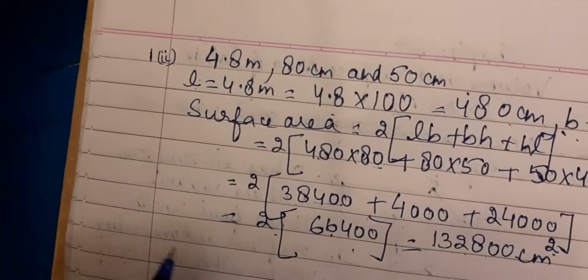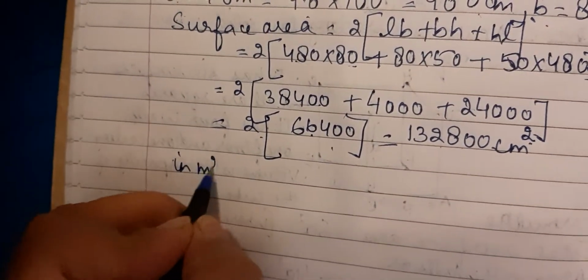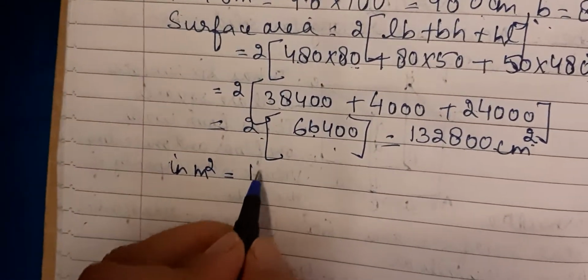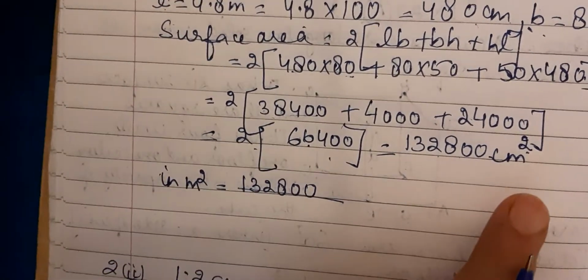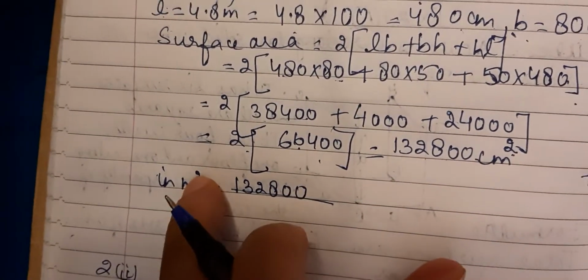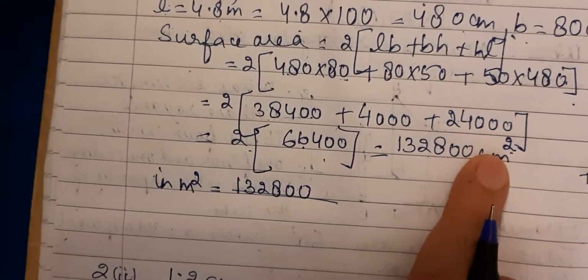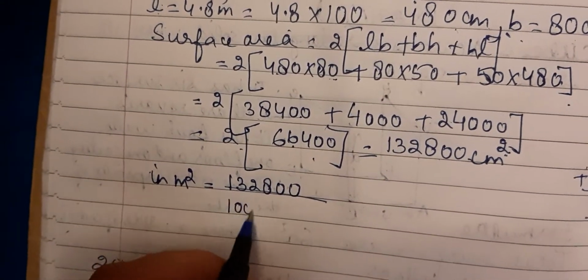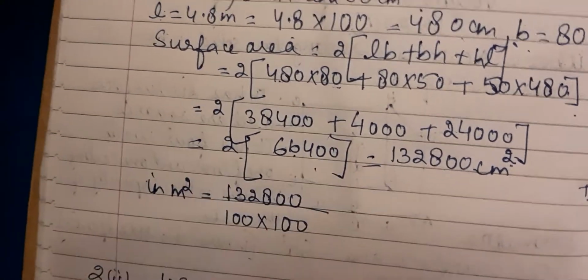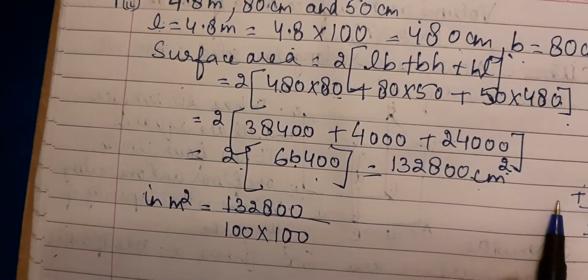You can leave your answer in centimeter square only, but if you want, you can convert it into meter square also. So what will be its value in meter square? When you change from centimeter to meter, we divide by 100. And if you want to change from centimeter square to meter square, we will again divide by 100, but 2 times, because centimeter square is centimeter into centimeter.